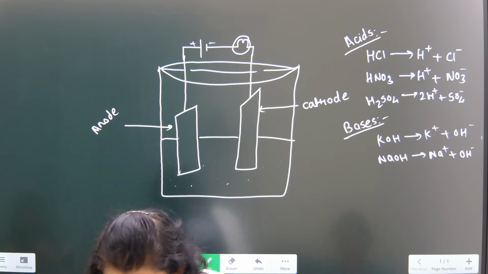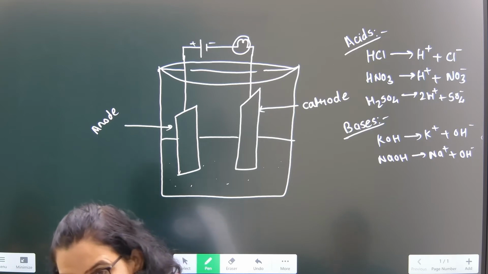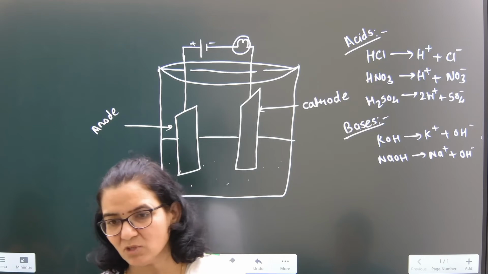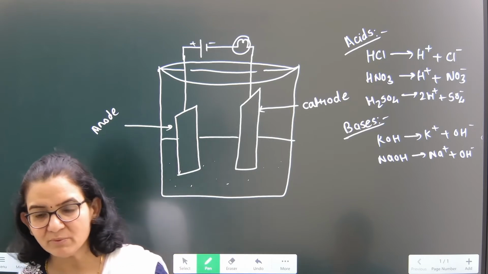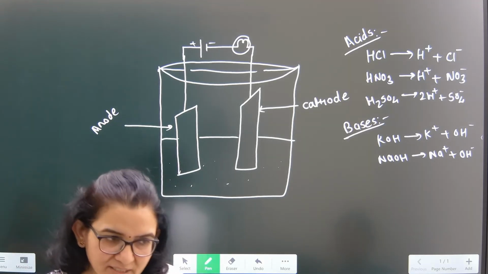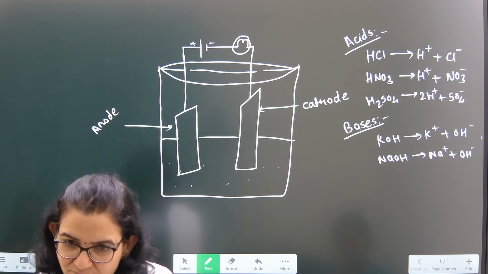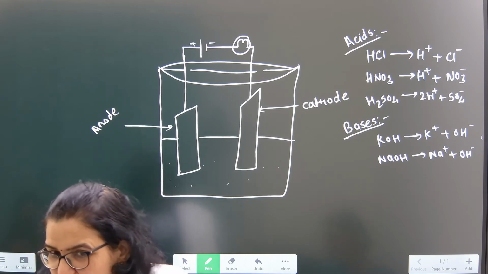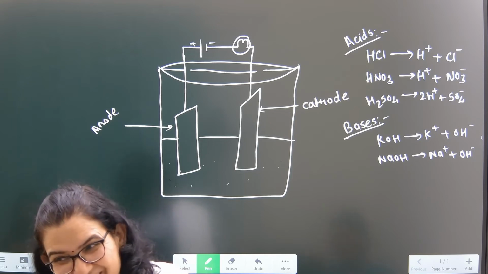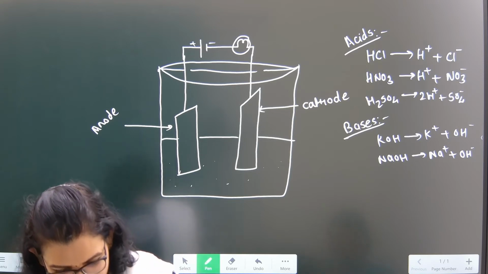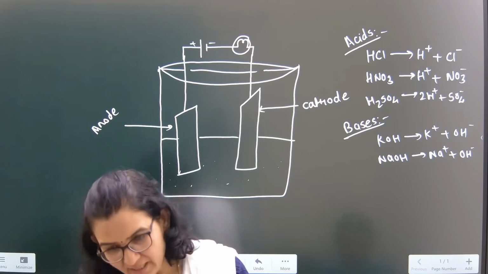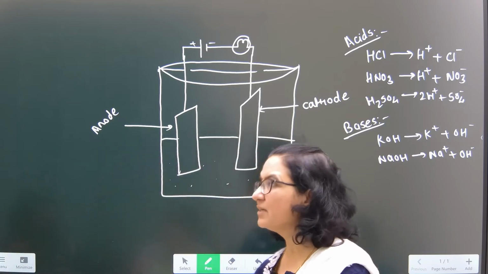So how can we decide strong or weak? Again, one more factor, what I told you: degree of dissociation. What is the degree of dissociation? How fast or how many, and electric current.